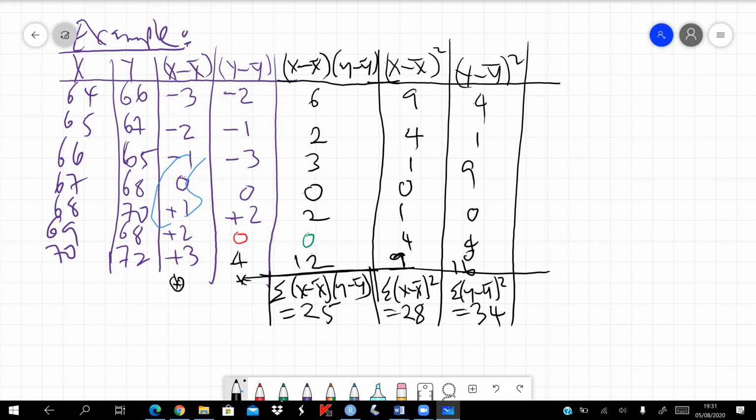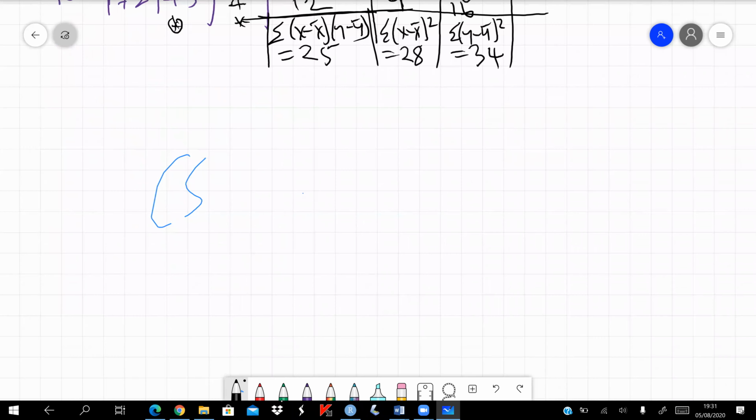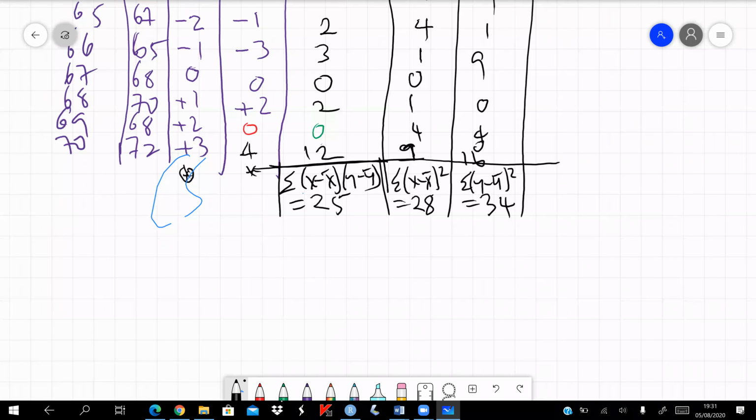Okay, so now from there we can obtain R. We can say that R will be equal to divided by times.